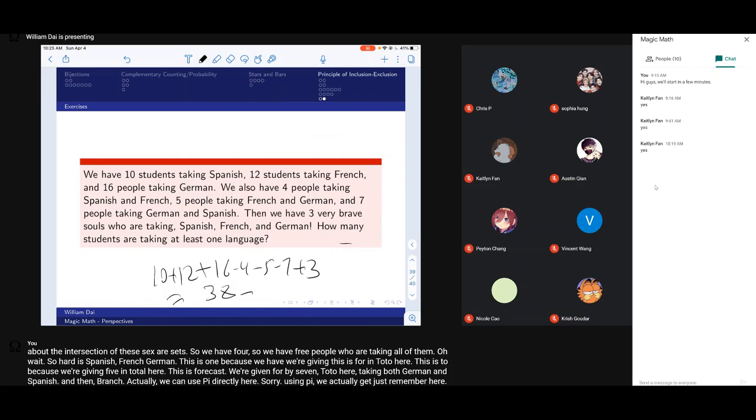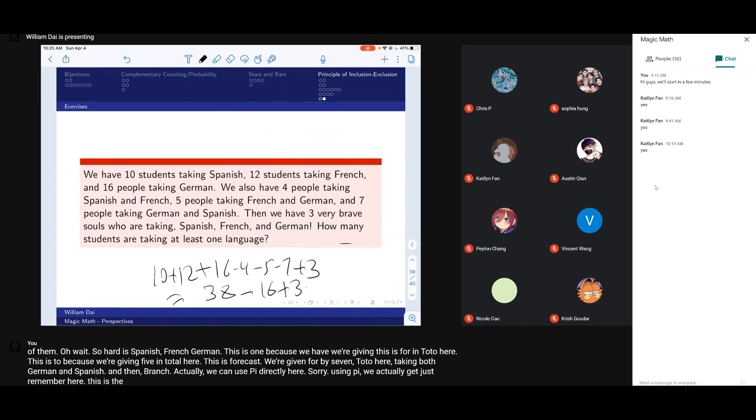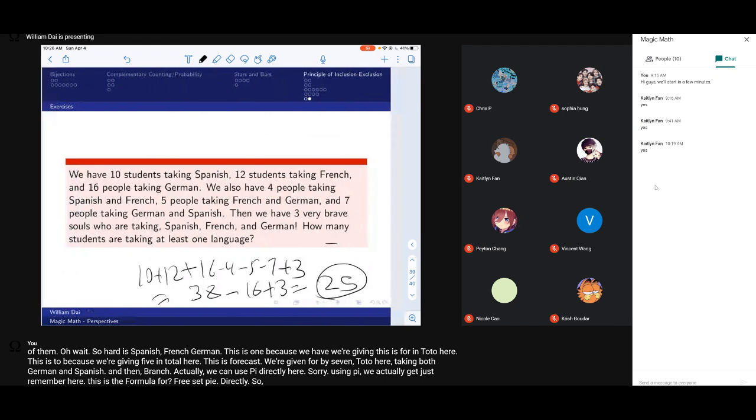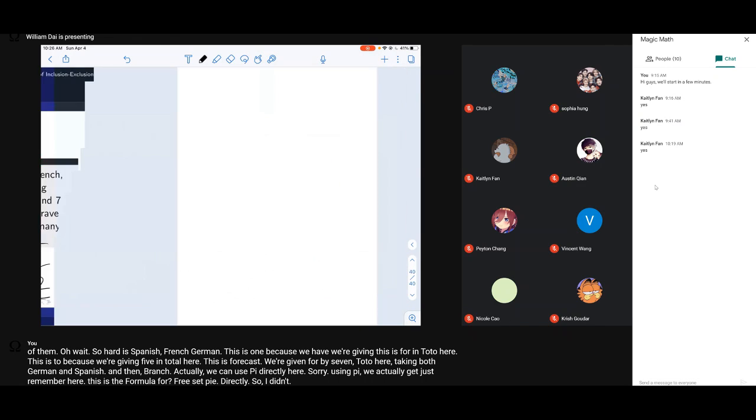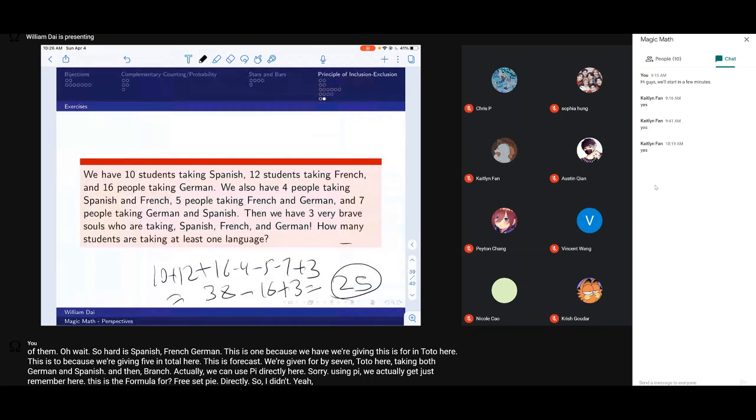This is the formula for three-set pi directly. So we should know the pi formula by heart because it's really important for casework.